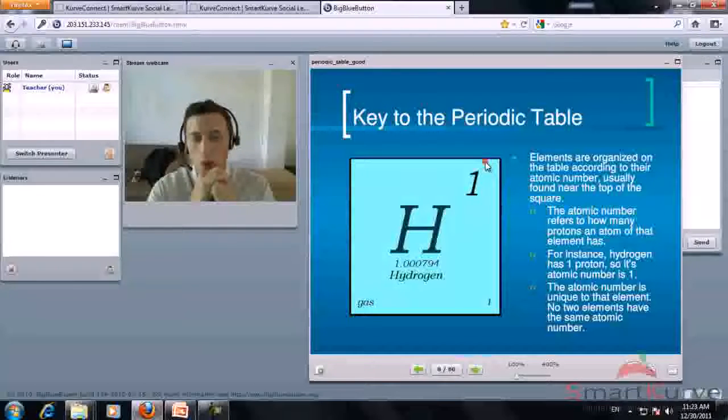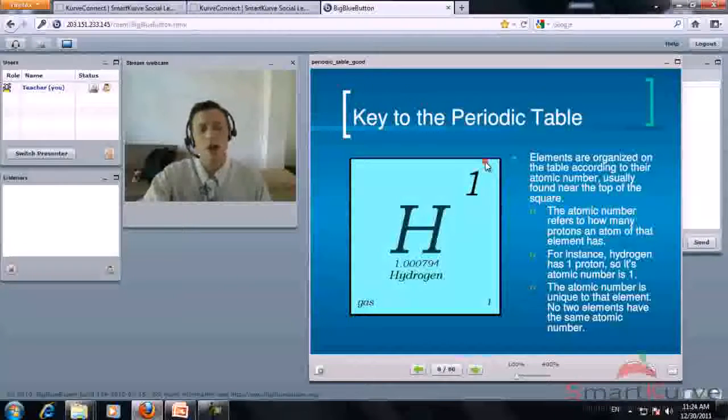Now, we also know there is another type of particle in the atom. We know the proton has a positive charge, the electron has a negative charge. We also know that third type of particle, the neutron, which has a neutral charge.